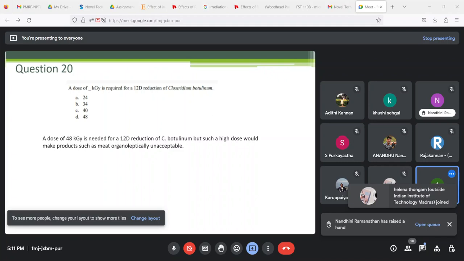There is a fine balance between maintaining your food properties and killing the food pathogens present inside your food. So the answer is option D here.